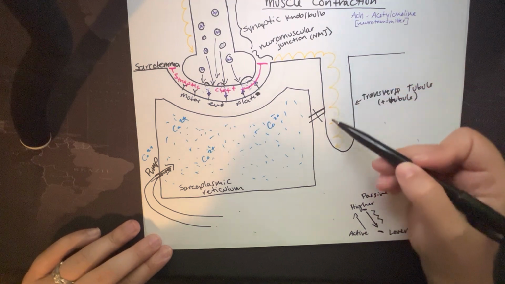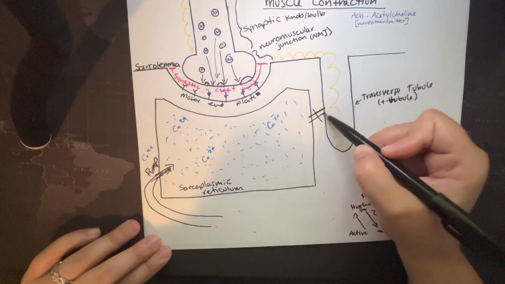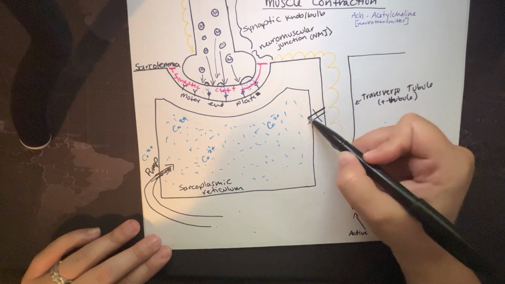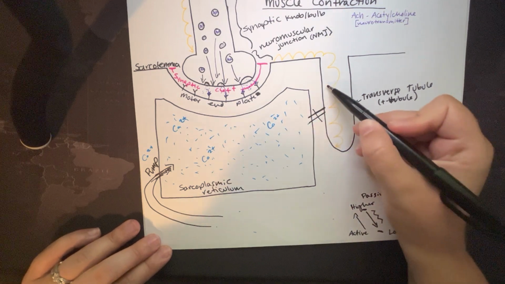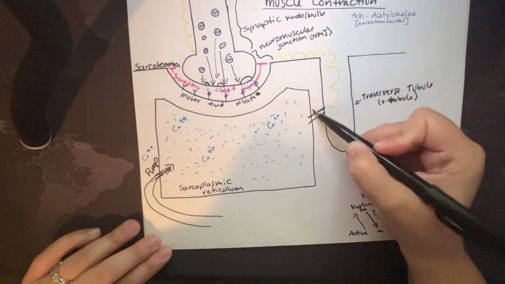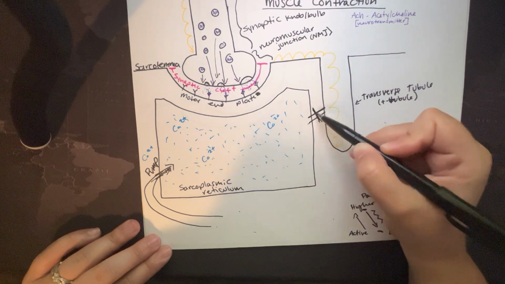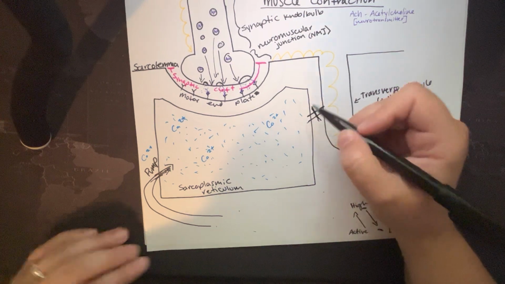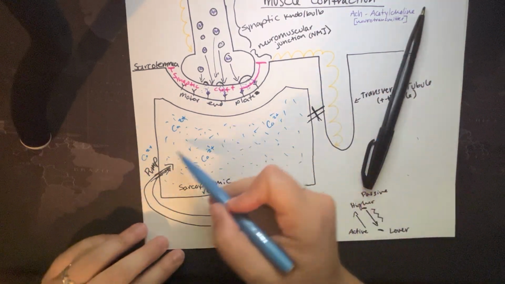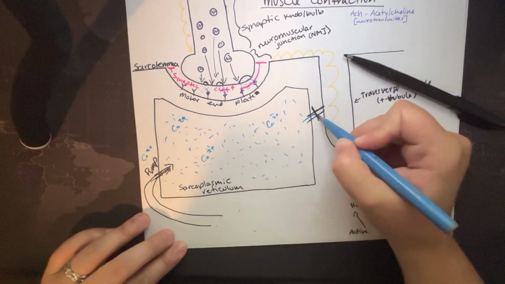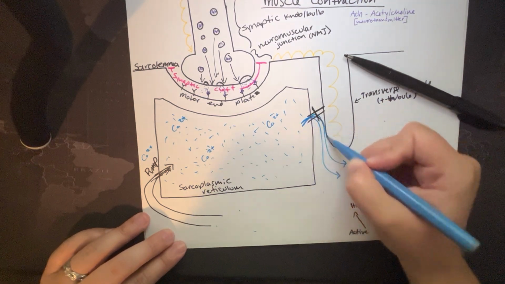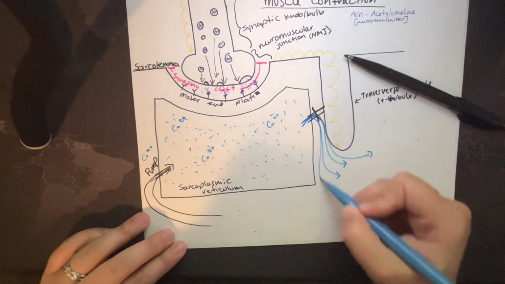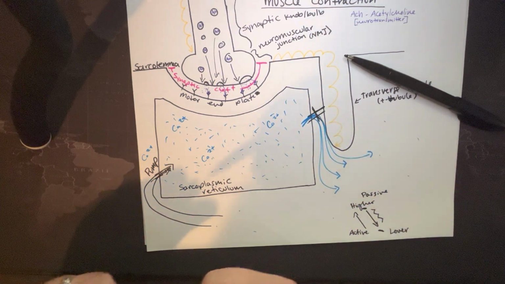Once the signal reaches the end of the T-tubule, which has our channel between the T-tubule and the sarcoplasmic reticulum, it changes the shape of our channel and allows calcium, because we have a lot of calcium in here, to then be released. And calcium is being released out into the cell to go and do its job.